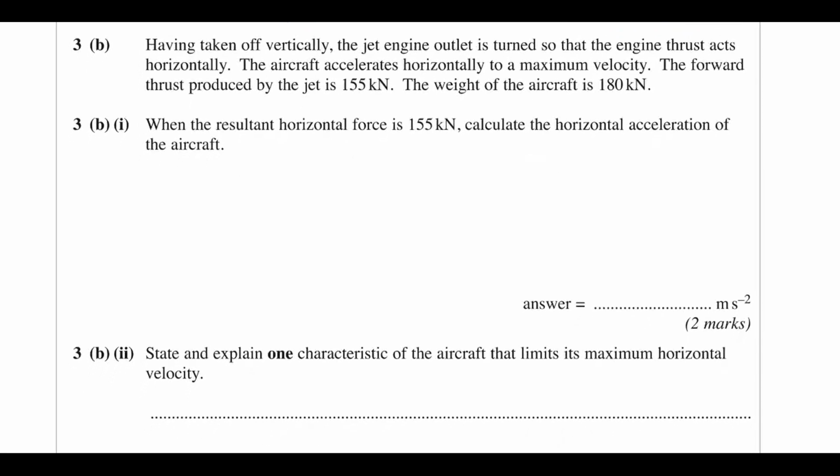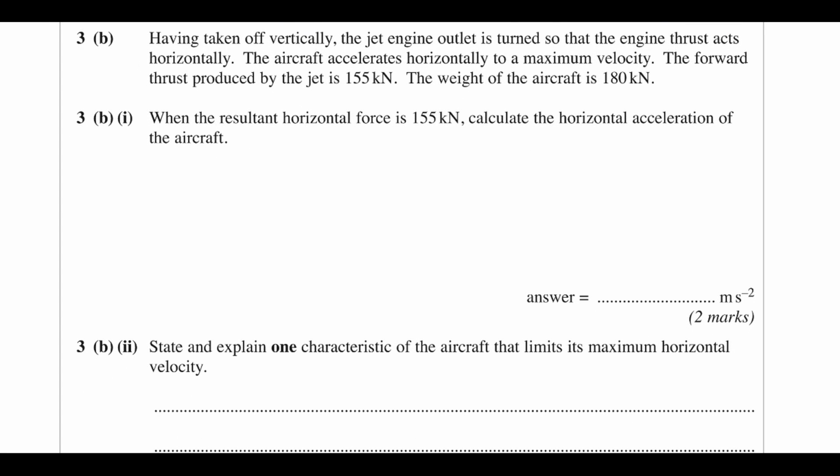So having taken off vertically, the jet engine outlet is turned so that the engine thrust acts horizontally, and the aircraft accelerates horizontally to a maximum velocity. The forward thrust produced by the jet is 155 kilonewtons, and we've still got a weight of the aircraft of 180 kilonewtons. When the resultant horizontal force is 155 kilonewtons, calculate the acceleration. First, we need to work out what the mass is, because we've got the weight force.